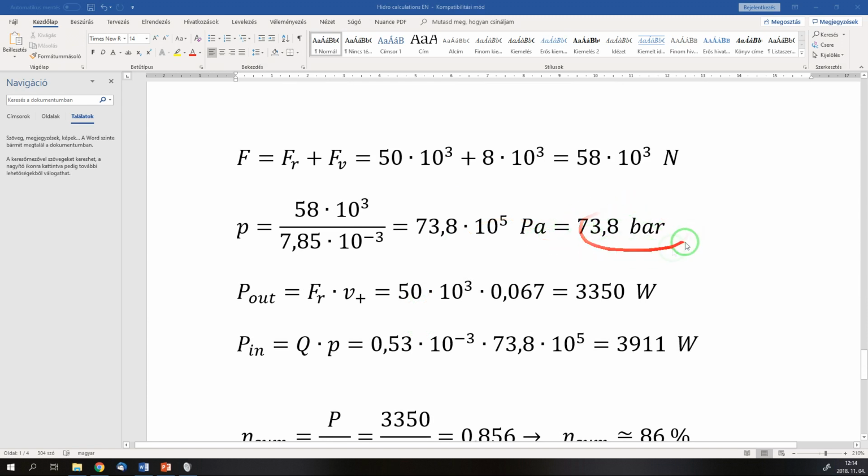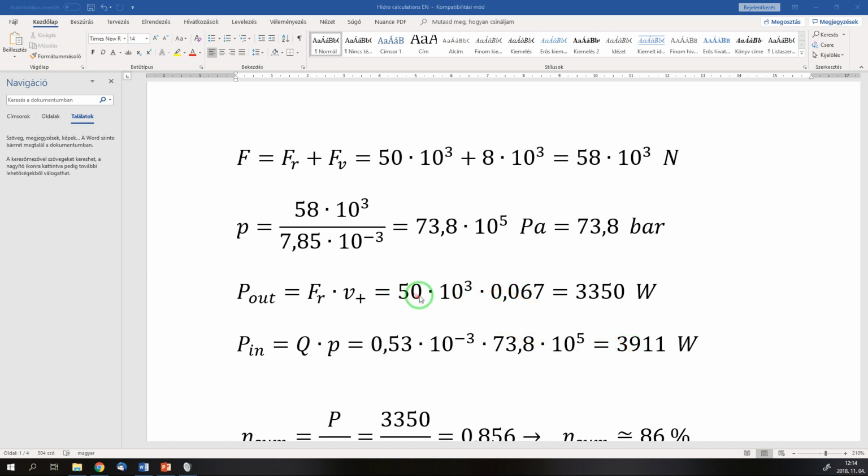So we can calculate how much this will be, and I know that the output power is basically the force times the velocity or speed of the piston. Okay, so the output force, which is the usable force, is 50.